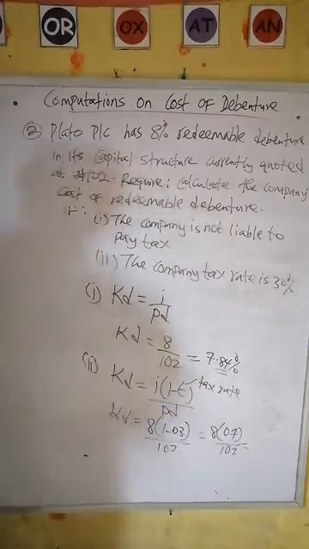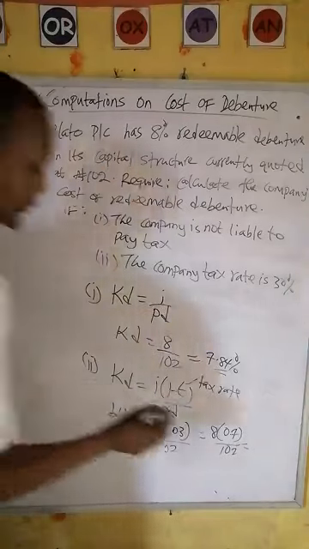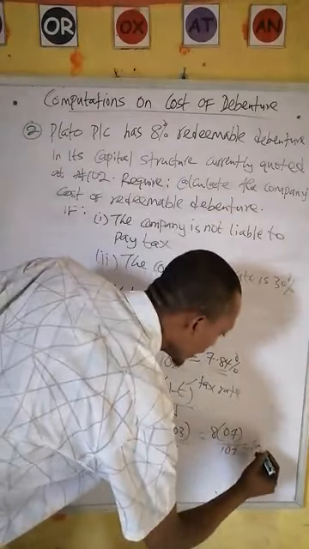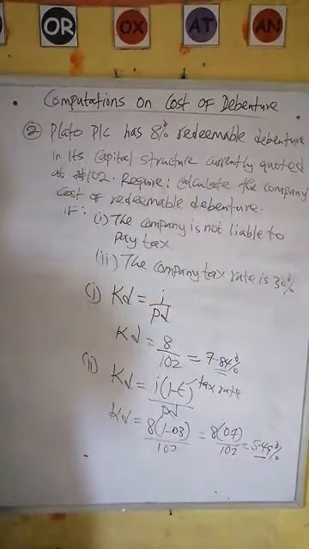What's our final answer? 8 multiplied by 0.7, divided by 102, gives us 5.49%. That's our cost of debt.